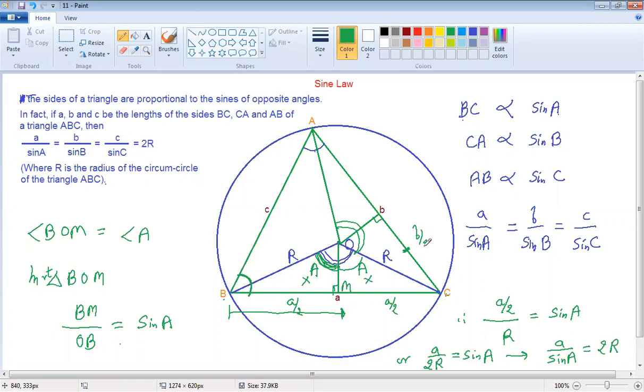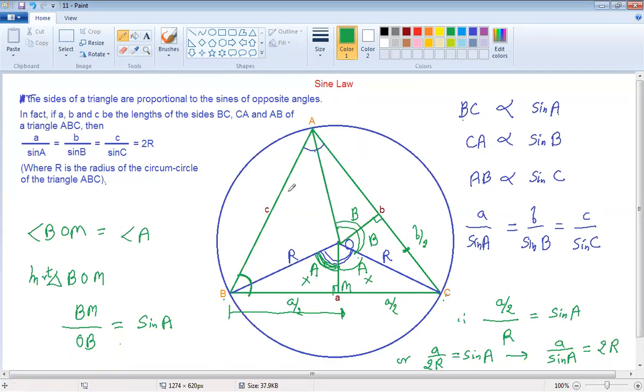So this is b by 2, and this is the radius R. And because this angle is B, this total angle AOC is twice B. Therefore, this part is B, this part is B. And similarly, we get this ratio, b upon sine B is equal to twice R.